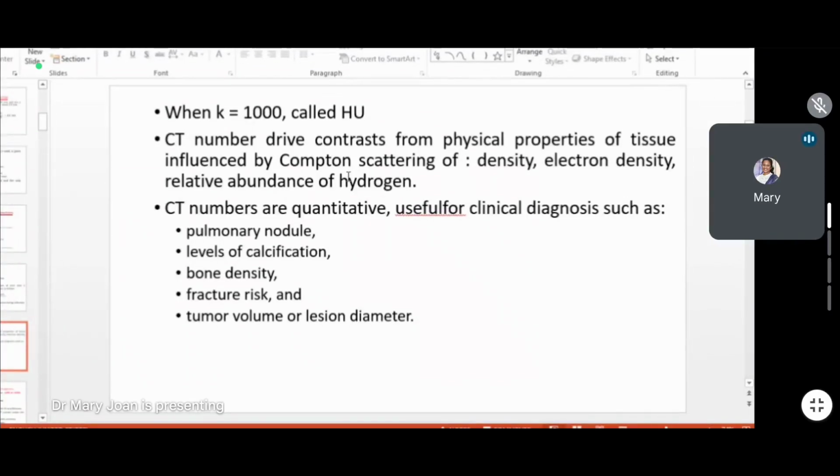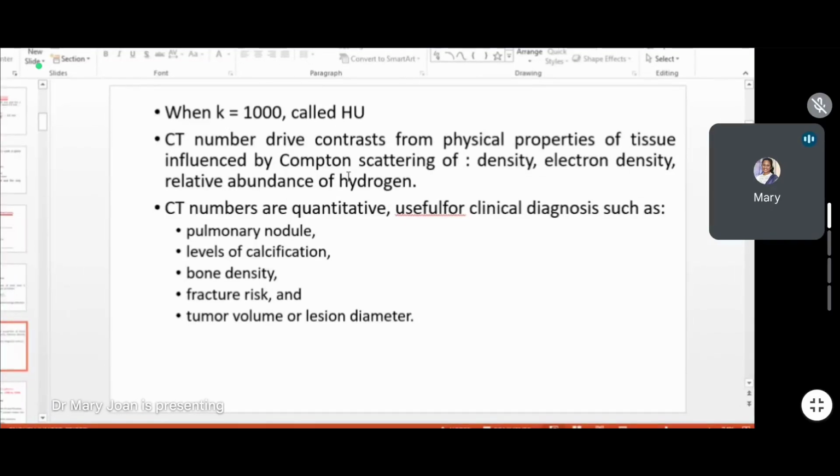So we were saying that in CT we are not able to delineate between soft tissue and soft tissue very well. That is because the variation in the CT number from one type of soft tissue to another is small. Like one type of soft tissue has a CT number of 45 and another has a CT number of 50.